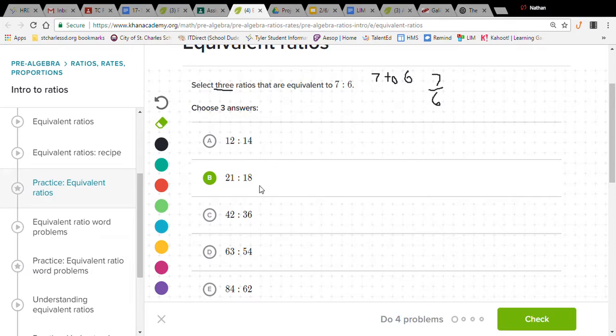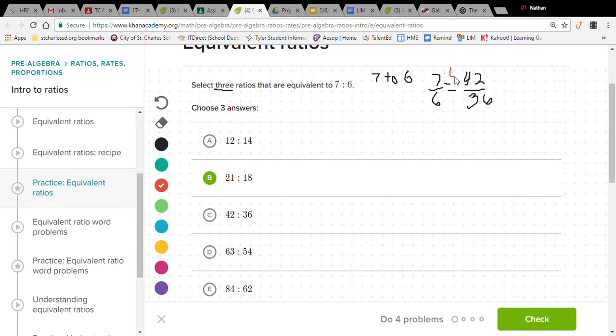Alright, let's try this one, 42 over 36. So again, you could cross multiply, and if their cross products are equal to one another, then you know they're equivalent ratios. But you could also use your multiplication sense and think about what number times 7 equals 42.